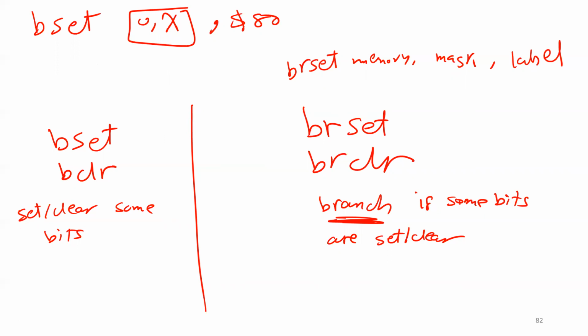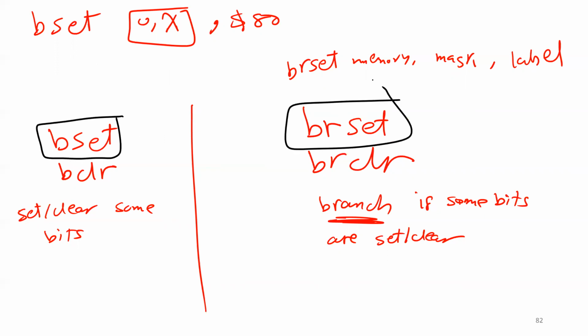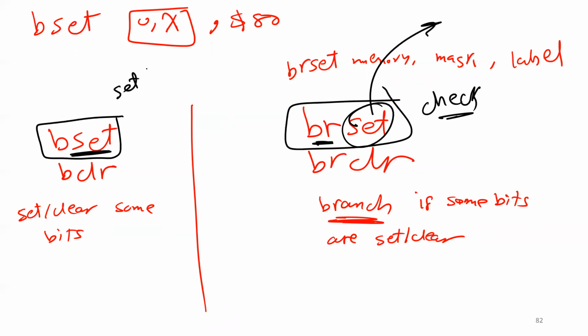I know some students are a little bit confused here, guys, because these 2 instructions are very close to each other. Look here: bit set, branch if set. Big difference between them. The spelling is close, but big difference. This is branch, right? You remember I explained this one before. This one is used if you want to check some bits, and if these bits are set, you are going to branch. This one is not a branch instruction. This one is going to set some bits.